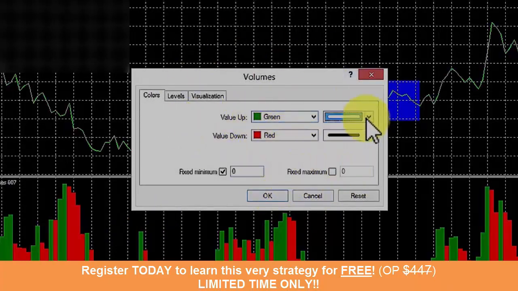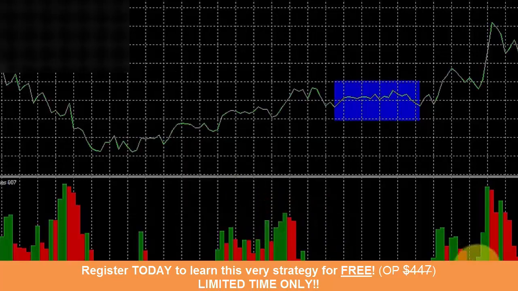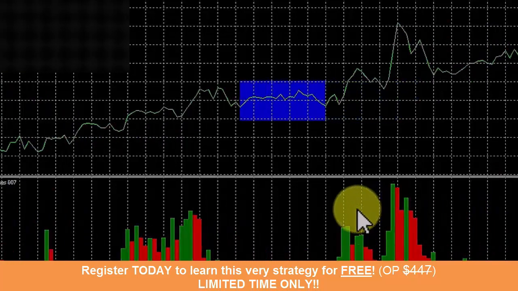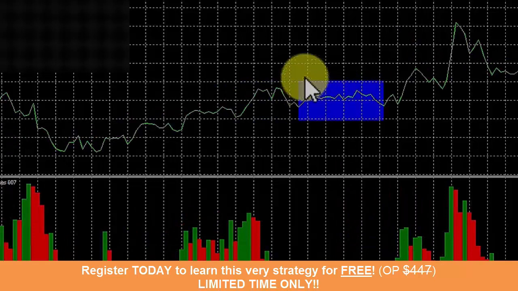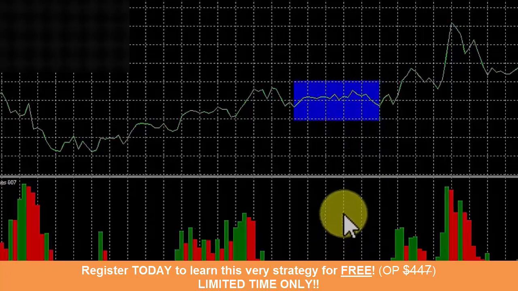You can make it big, fat, thin, whatever. Basically high means high, low means low volume, right? It's quite self-explanatory. So as you can see here, this is when the Gambit 619 traded, on the 25th of April 2016.